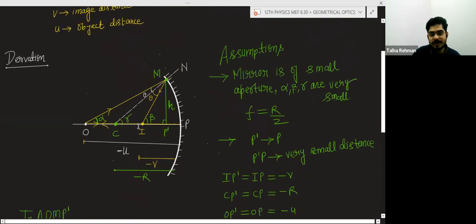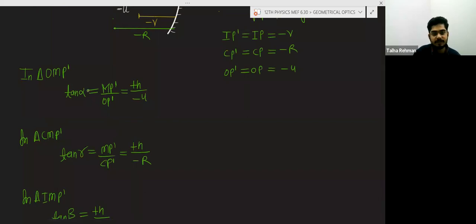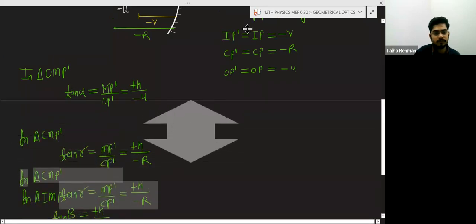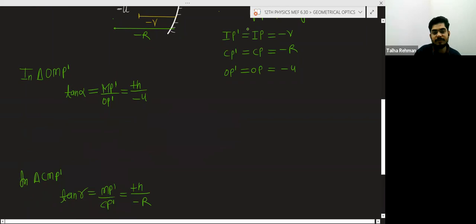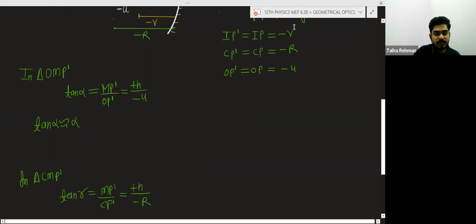So tan alpha can be approximately written as alpha. For a small angle, tan of theta can be written as theta. So tan alpha can be written as alpha.